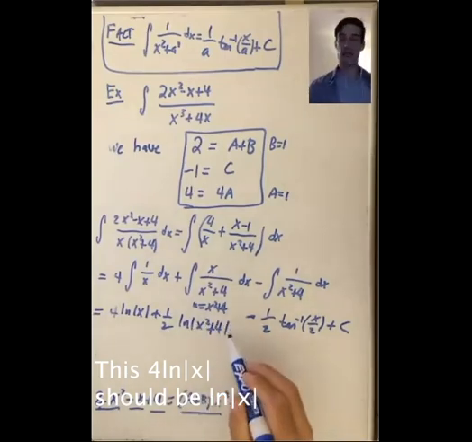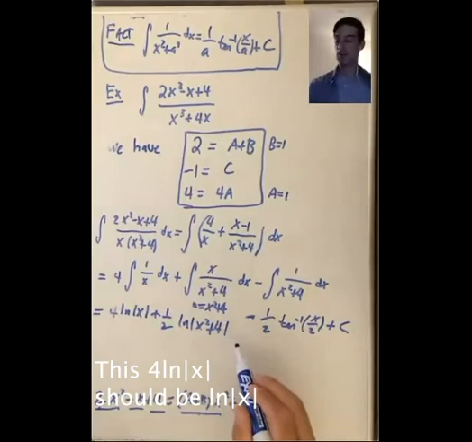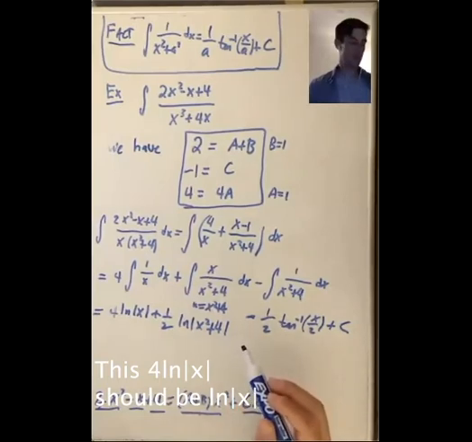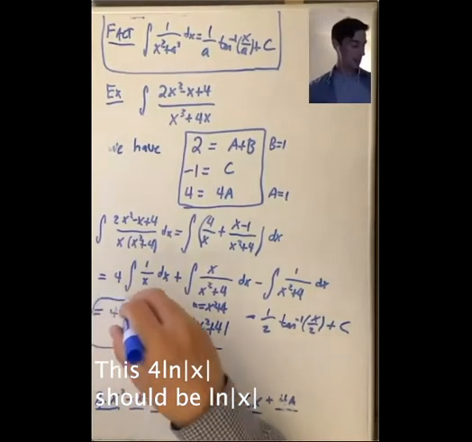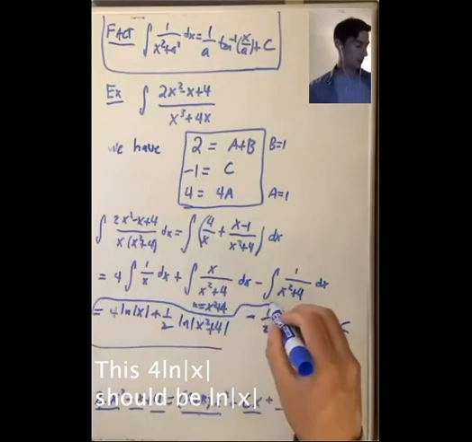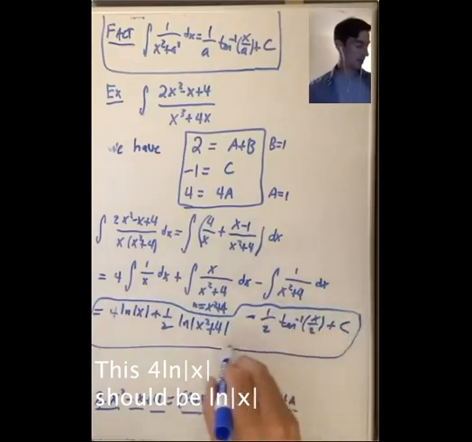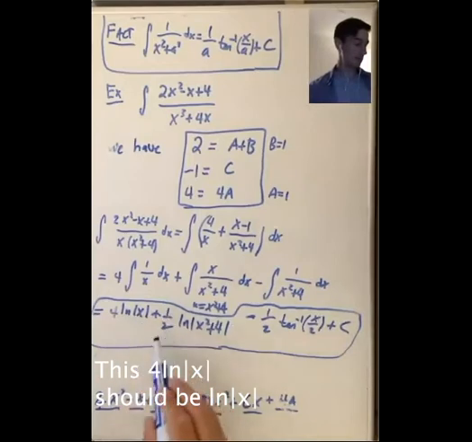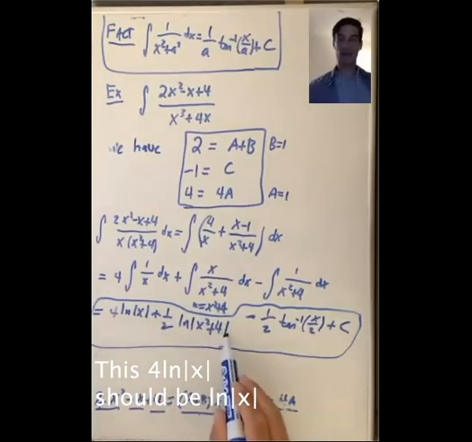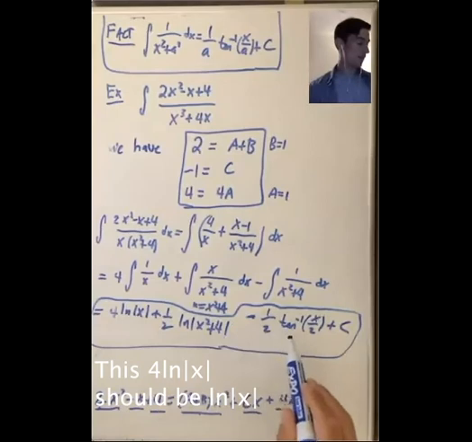We actually don't need the absolute value here because x squared plus 4 is always greater than or equal to 0. So our final answer to this sort of long irreducible quadratic factor example is 4 times natural log of absolute value of x plus 1/2 natural log x squared plus 4 minus 1/2 arctan x over 2 plus c.